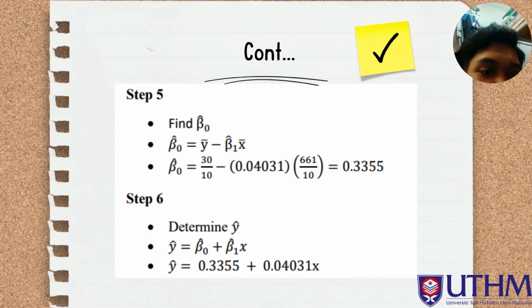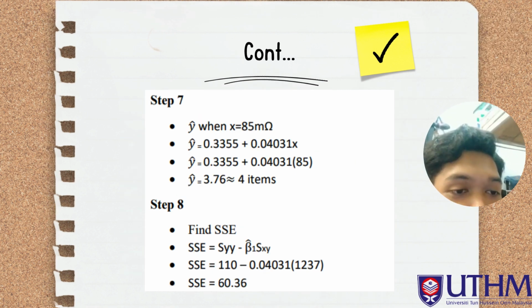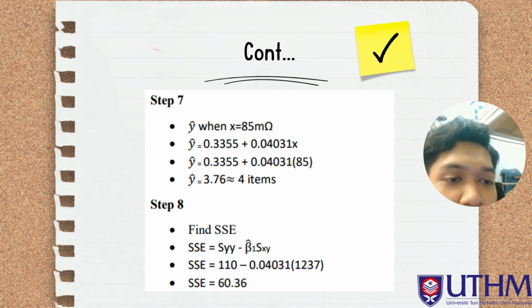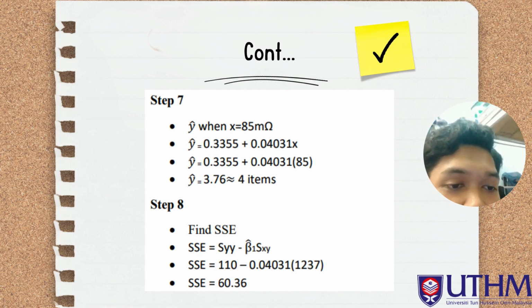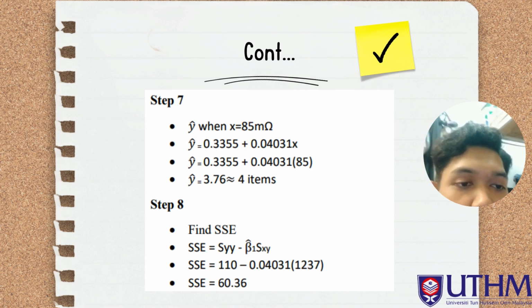And the next part, we find y bar, which is beta bar 0 plus beta bar 1 times x, so we sum it up. The next part is we find y bar when x equals 85 milliohm. So we got y bar equals 3.76.